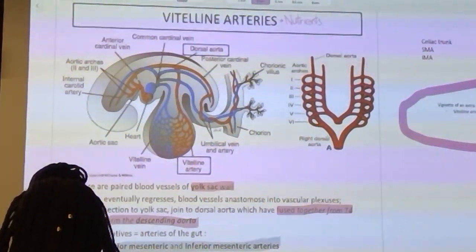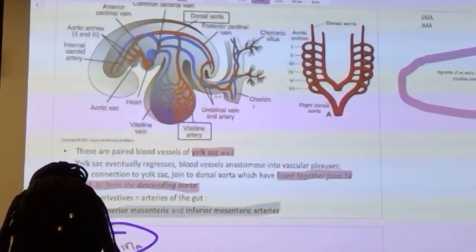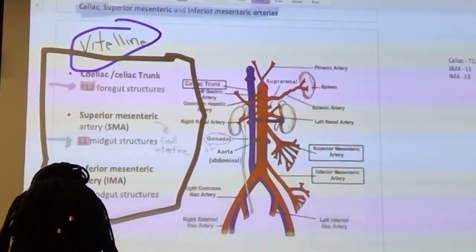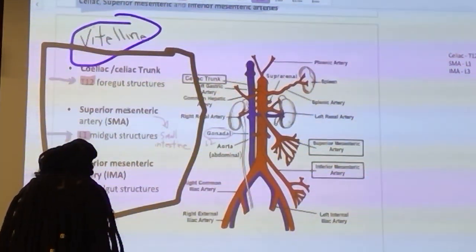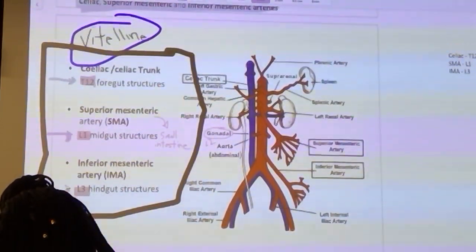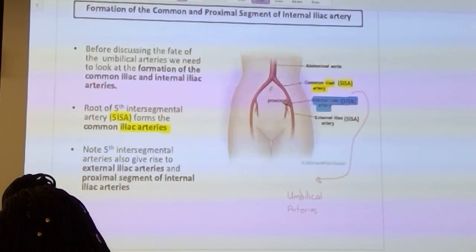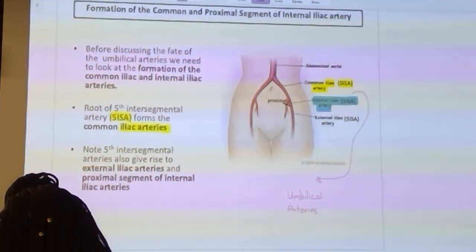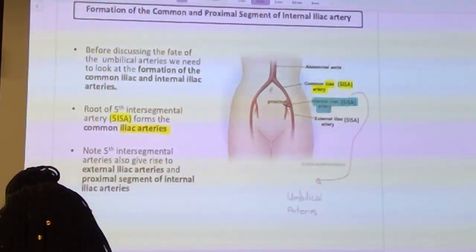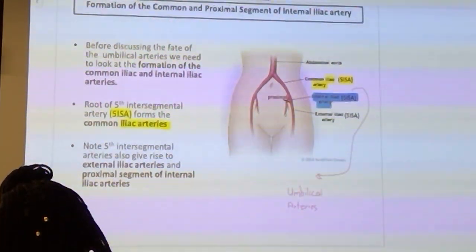Okay, so every time you see vitelline, think of the GI tract. So your vitelline artery forms these structures: celiac trunk, SMA, IMA. Your internal iliac artery connects with the placenta.